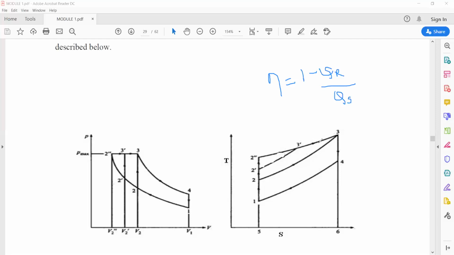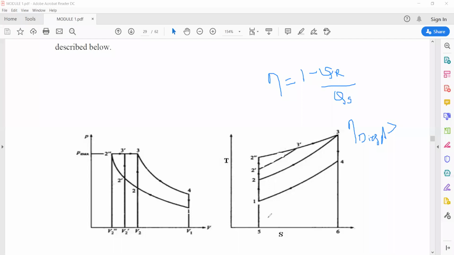This is the area for the diesel cycle, because 2 dash to 3 is for the diesel cycle. So this is the maximum area compared to the remaining two areas. Therefore, with this also we can prove that the efficiency of the diesel cycle is more.